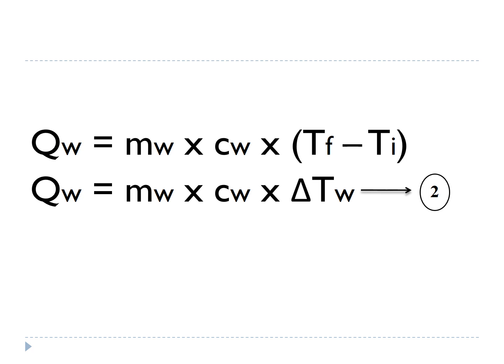Okay, so heat of water depends upon mass of water, specific heat of water and the temperature change, that is final minus initial. So Qw is equal to Mw, Cw and delta Tw. This is going to be equation 2.